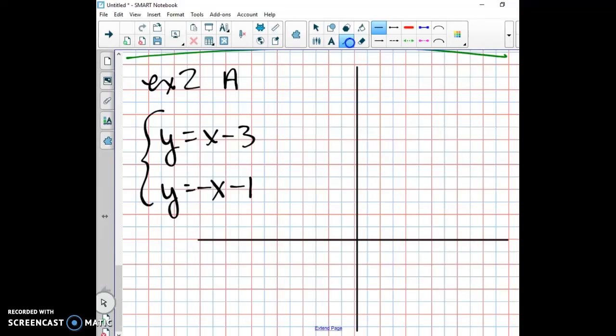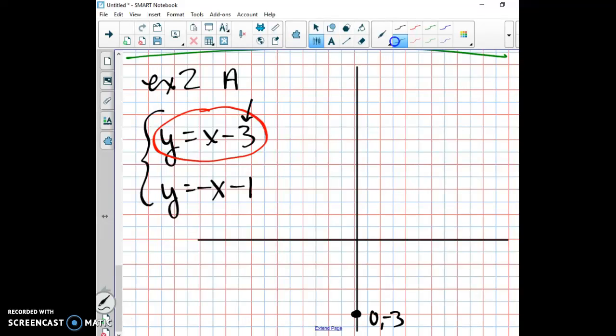So we can see that first line, let's go ahead and put that in red. We're going to focus on this. The y-intercept is negative 3. We're going to plot that point right down here, (0, -3). And then I want to use our slope. There's a 1 in front of that x. We know that is 1 over 1. So we're going to go up 1 over 1 and fill in several points for that line. Then we're going to plot those points.